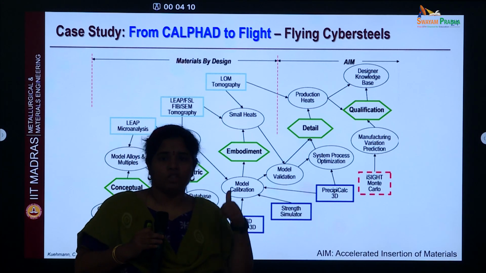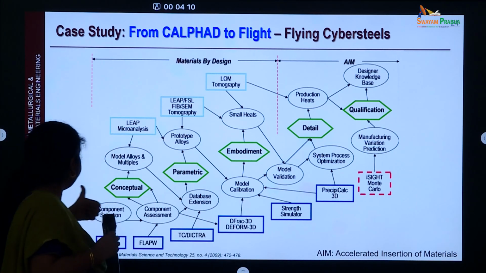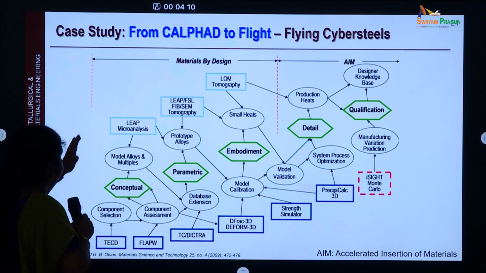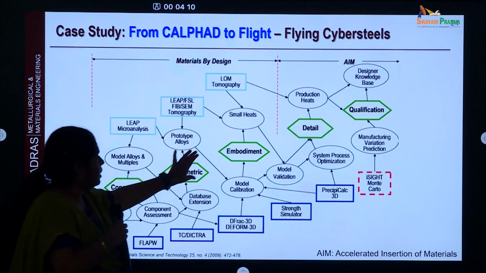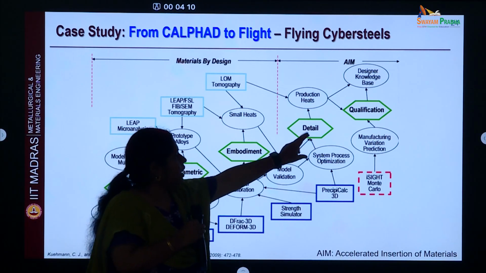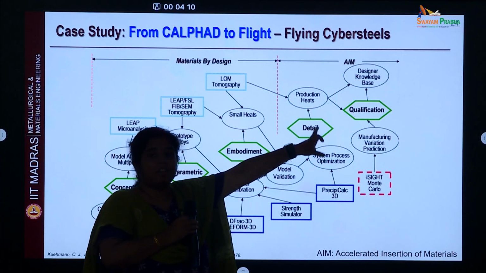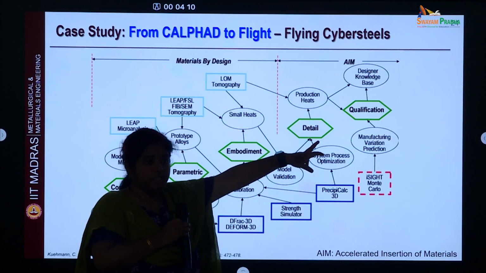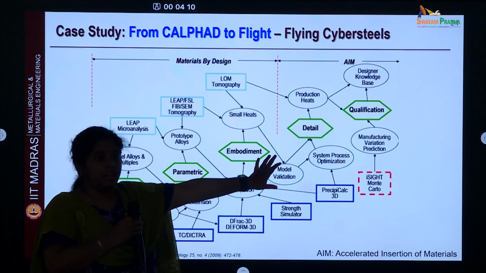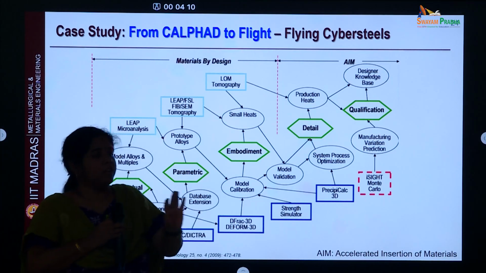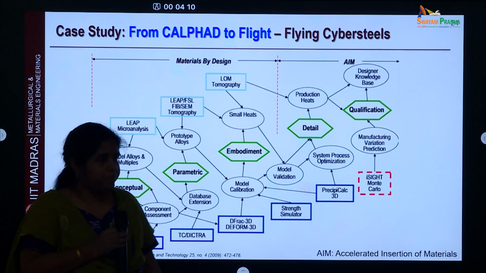We'll see what a drop-in replacement is soon. You have 5 types here in materials: conceptual, parametric, embodiment, detail, and quality. Accelerated insertion requires qualification. Whatever design you do without qualification, your material will not go into the application, right?